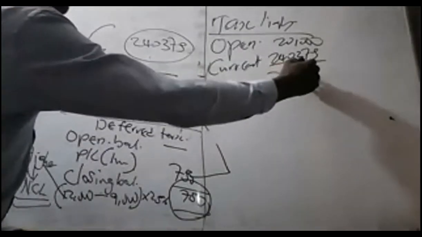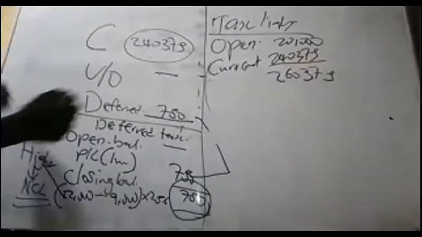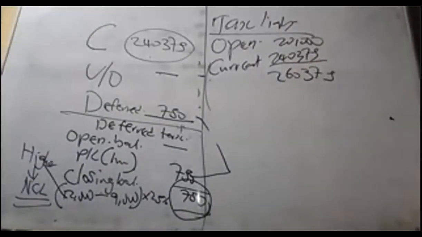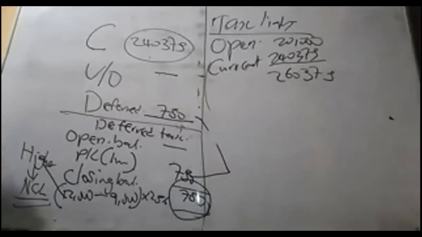This is the total amount due for taxation. Then you check the trial balance. If they have made any payment, you net it off. Good. Then let's go and check whether they've paid any of this value in the trial balance.